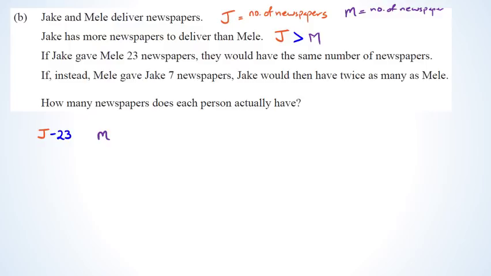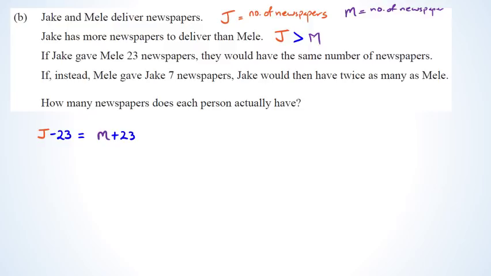And because he's actually given the papers to Melee, Melee is going to have whatever original papers she had, plus an increase of 23. So the third line basically states that if Jake loses 23 papers and Melee gains 23, then they have the same number of newspapers. So that's our first equation there.